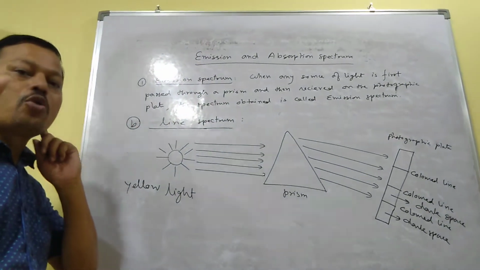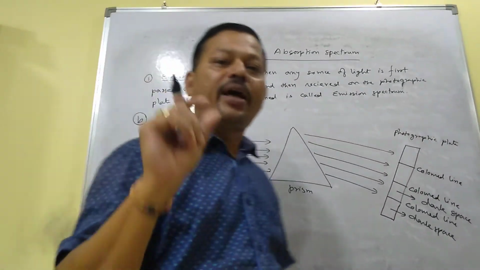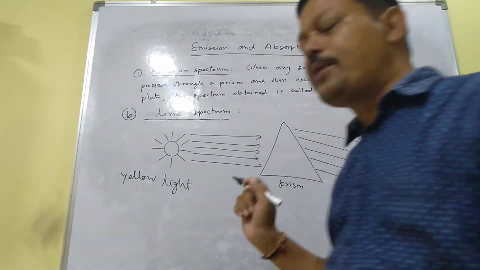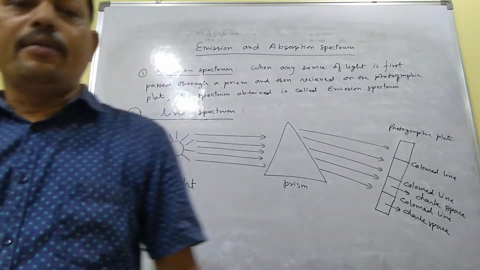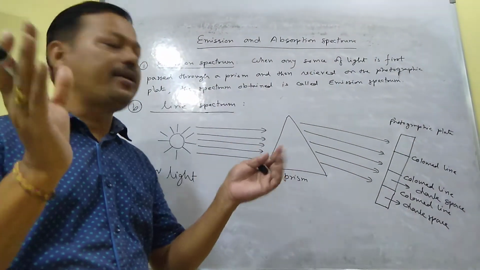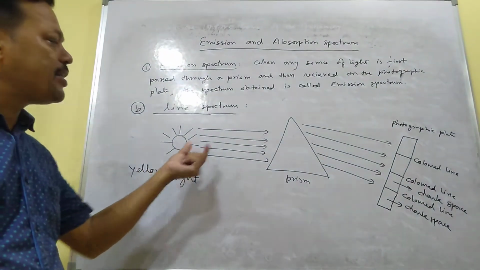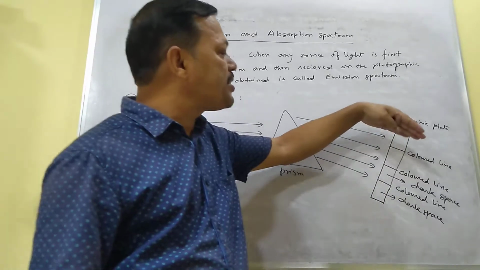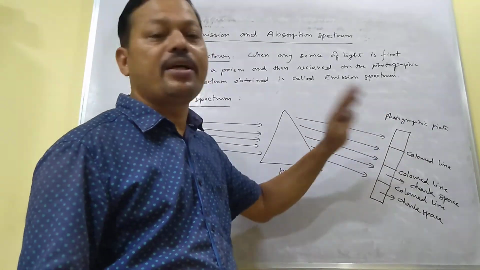Normally atoms always produce colored light, and that is why atoms always produce this type of line spectrum. For example, you know sodium metal: when sodium is heated in a flame it gives yellow light, and if that yellow light is passed through the prism and received on the photographic plate, then you can see some yellow colored lines in between the dark spaces.